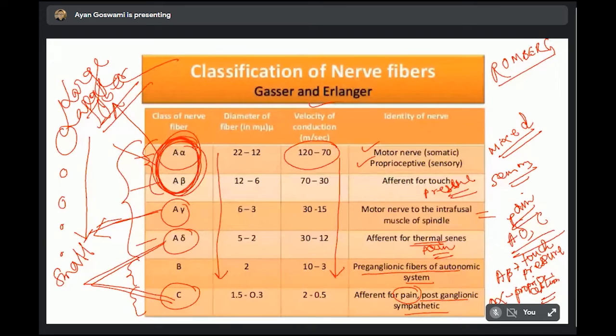With this Romberg test, you simply ask the patient to stand and close his eyes, and you look for any swaying movement sidewise of the patient. So if the patient sways and is about to fall, then the Romberg test is positive, and we call it sensory ataxia, right?